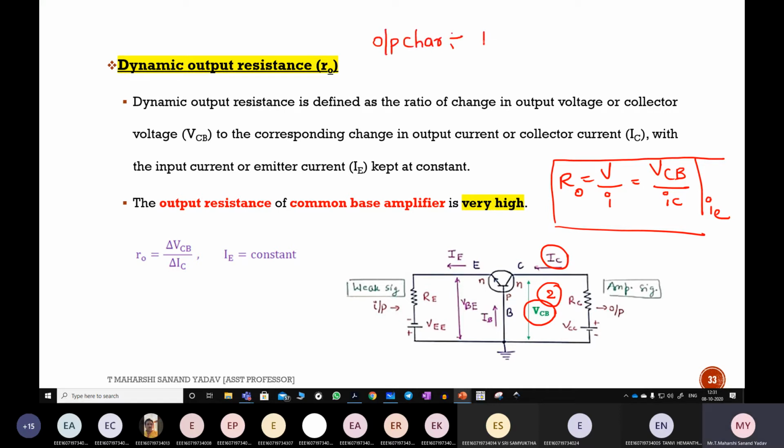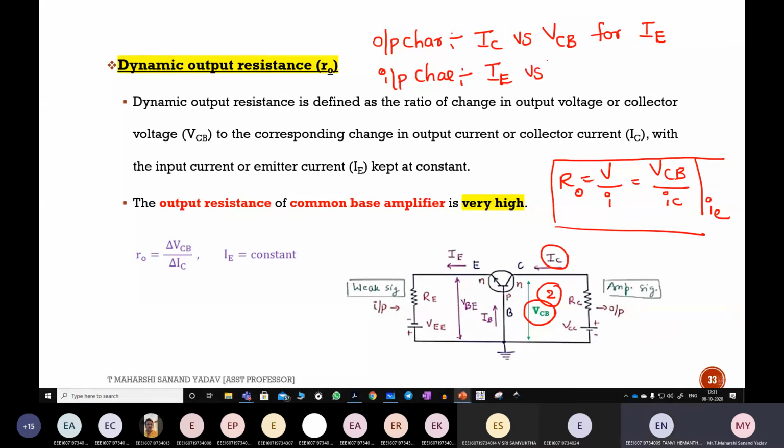And how have you plotted the output characteristics? A relation of IC versus VCB for different values of current, that is IE. And what about the input characteristics? What is the input current?